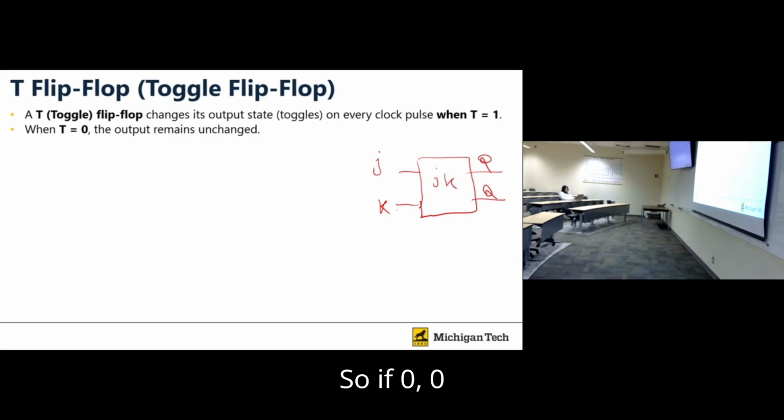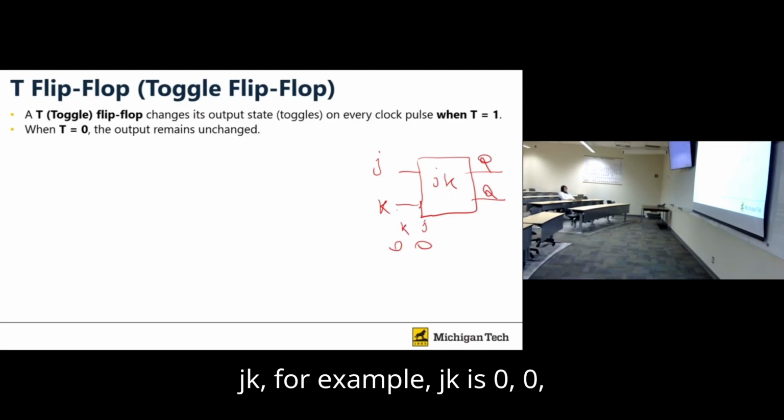If JK is 0, 0, whatever Q was inside, the output is the same.